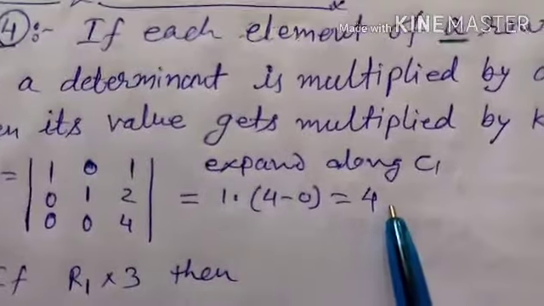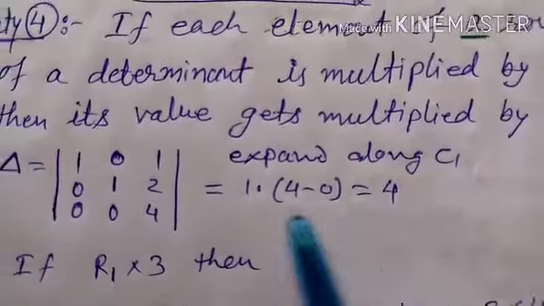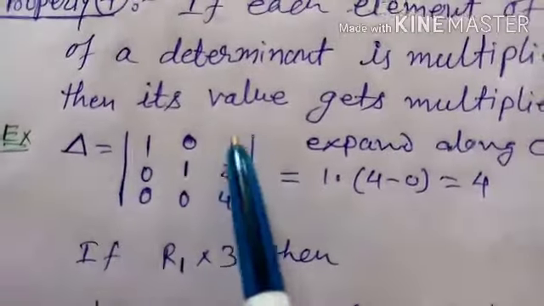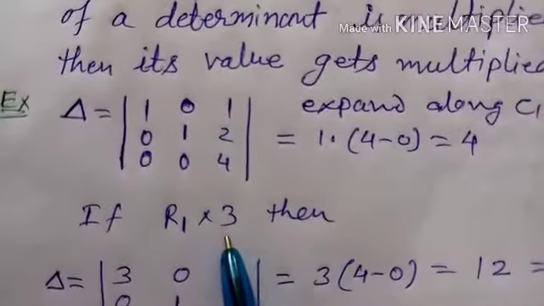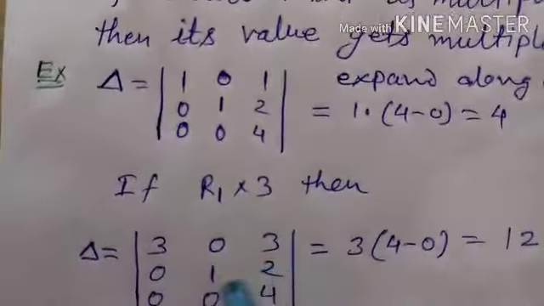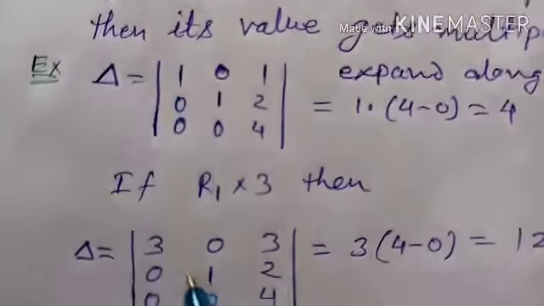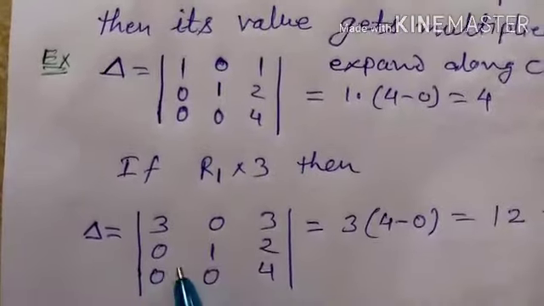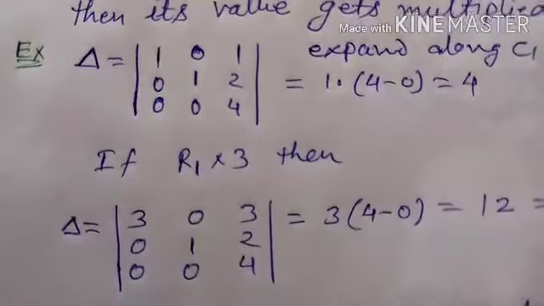So the value of this determinant is 4. Suppose R1 is multiplied by 3, meaning all the elements of the first row are multiplied by 3. Let's see what happens. It will be 3 0 0. Second and third rows stay as they are, 0 1 2 and 0 0 4.